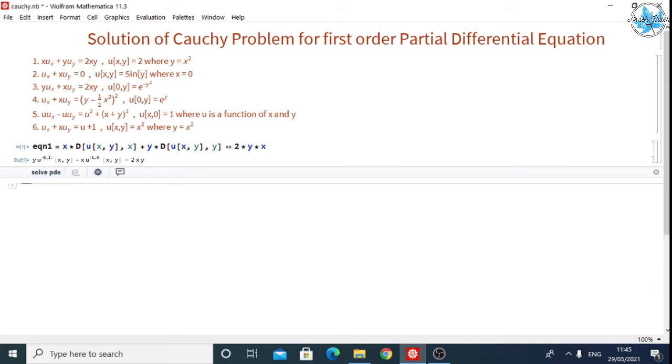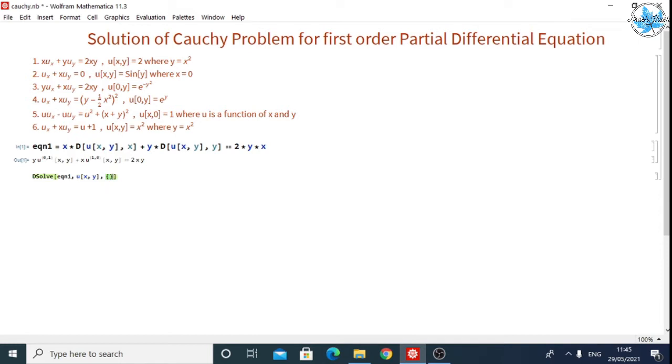Now we will solve this equation by putting the command DSolve. Within square bracket, I want to solve equation 1, where my dependent variable is u, which depends on x comma y.